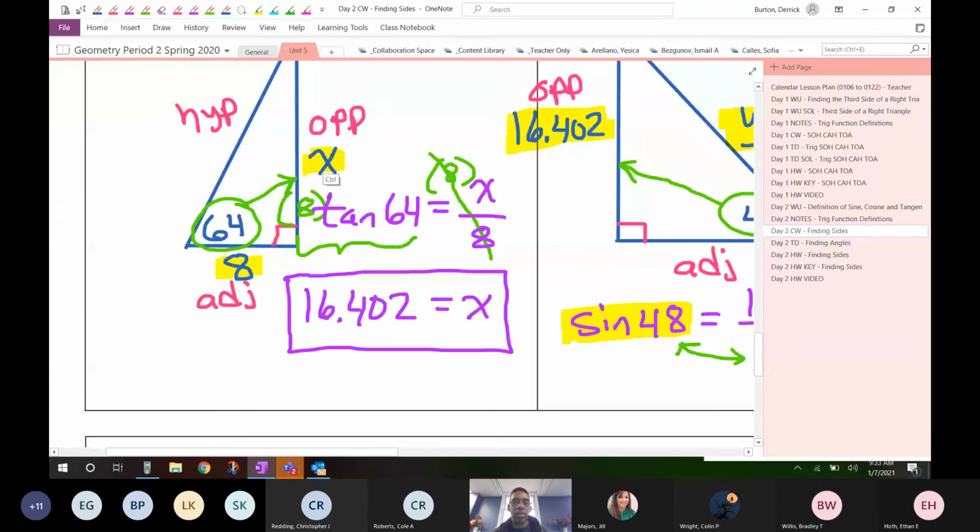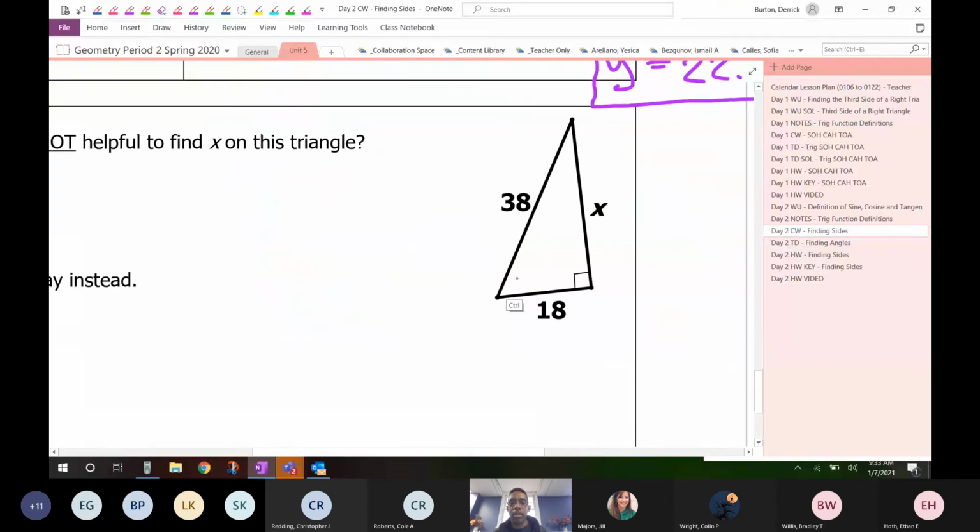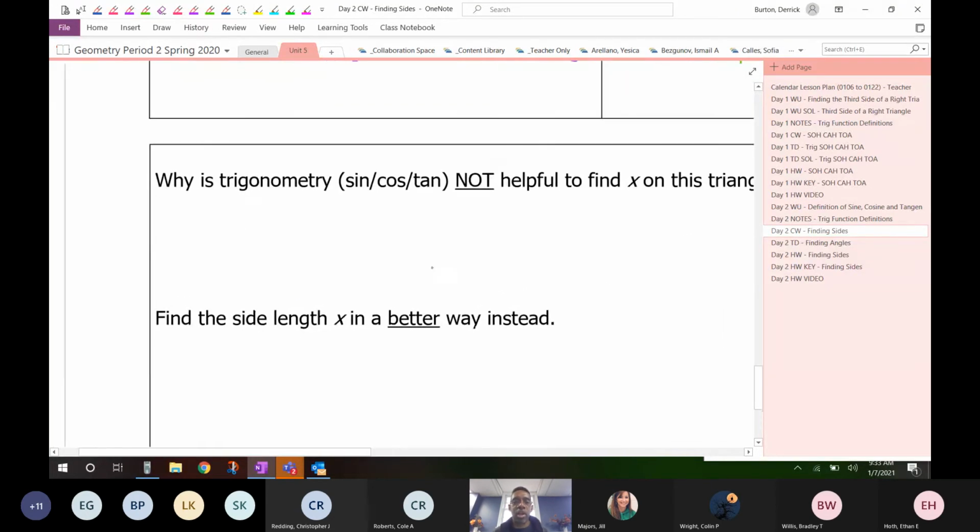We circle an angle, and then that's going to give us the opposite and the adjacent. We have no angles here at all. We have neither one of these two acute angles. So that's why trigonometry is not helpful. And let's just write that down. No angles are given.